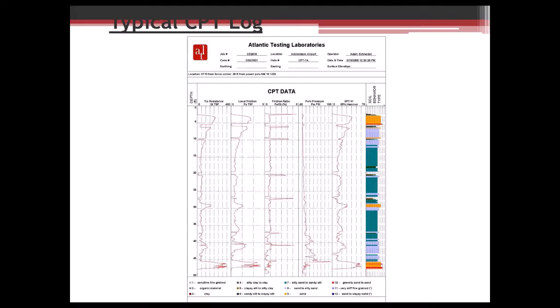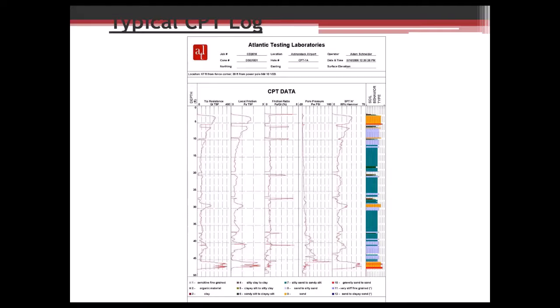If you look at the graph on the far right, the colored one, those are the soil classification, soil behavior types. What that is, the computer takes the correlation of the tip resistance, the friction value, and the pore pressure, and says, okay, if I have these parameters, this is what the soil should be. It's not necessarily what it is, but it's how it's acting.